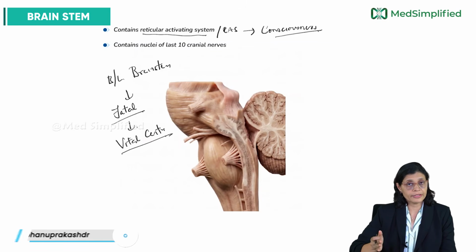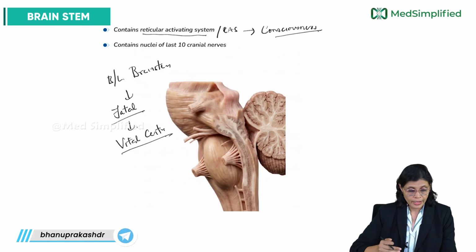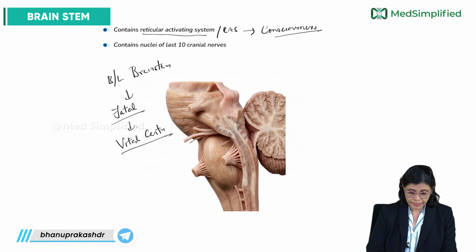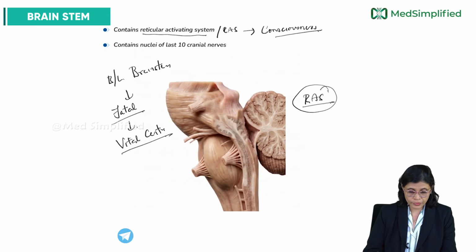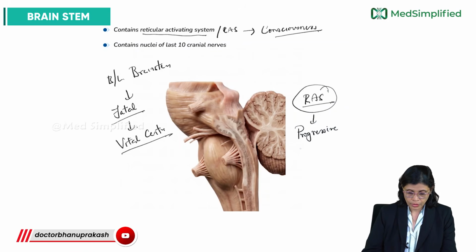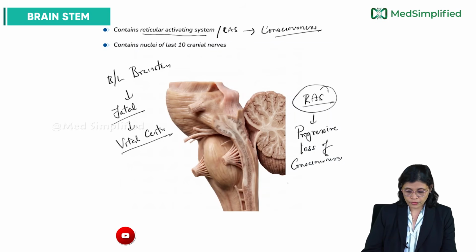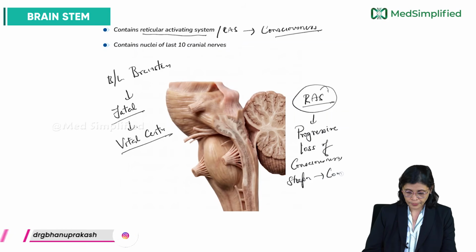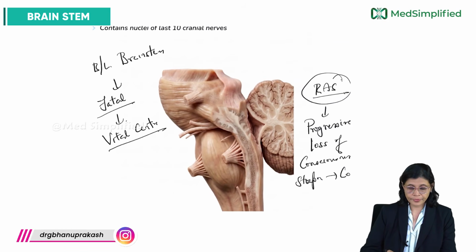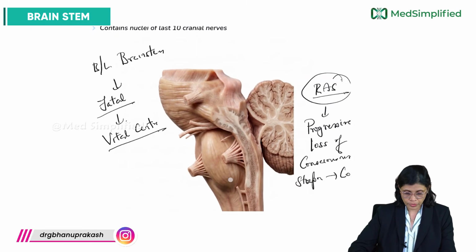Since it also has the reticular activating system, impairment of the RAS leads to progressive loss of consciousness, followed by stupor and then coma. So that is why the brainstem is very important.